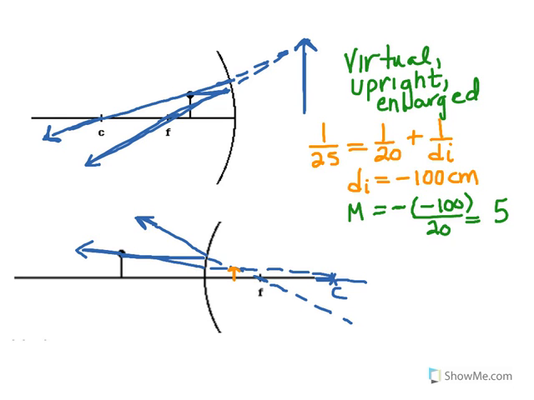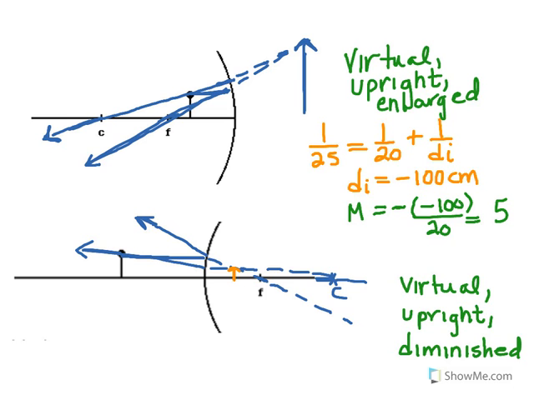If I were to ask you to describe it, the rays cross inside the mirror, that makes it virtual. They cross above the principal axis. That makes it upright. But look at the size of the arrow of the image. You can see that it's smaller, so we're going to call that diminished.